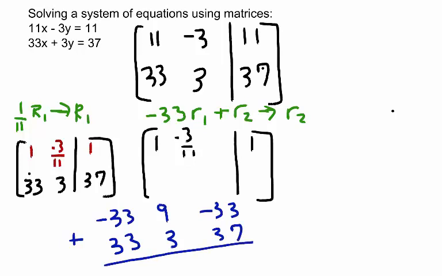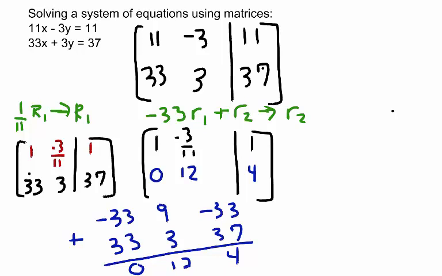And this gives us a result of 0, 12, +4. This is what we'll store in row 2 of our new matrix. So far, our row operations have led us to have a leading 1 in row 1 and a 0 leading row 2. This is the result that we're looking for.